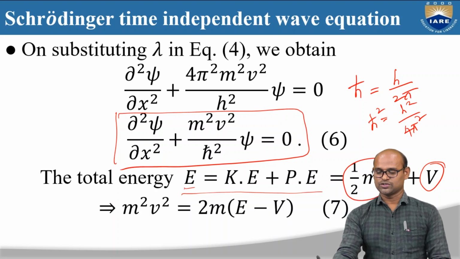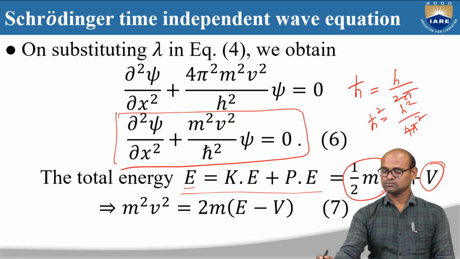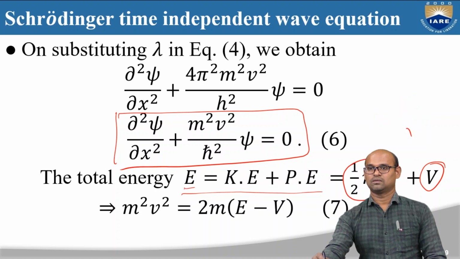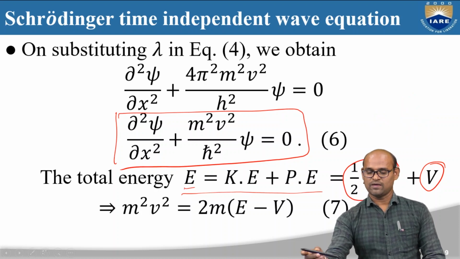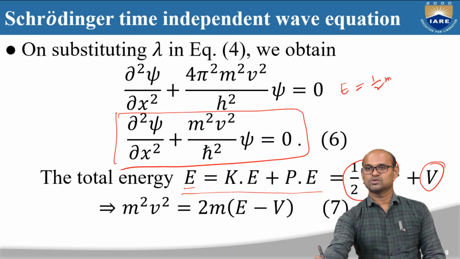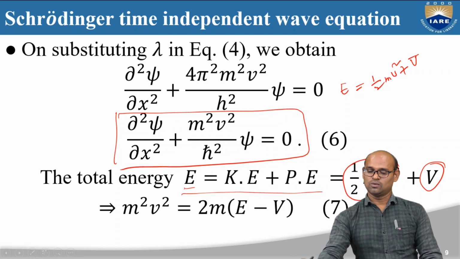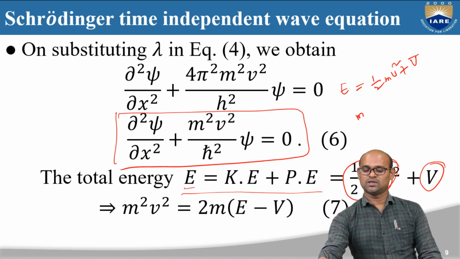I'm multiplying this equation, so let me write it down here. So basically what I have is E is equal to half mv square, not m square, plus this potential, capital V. For this equation I am multiplying with m on both sides.